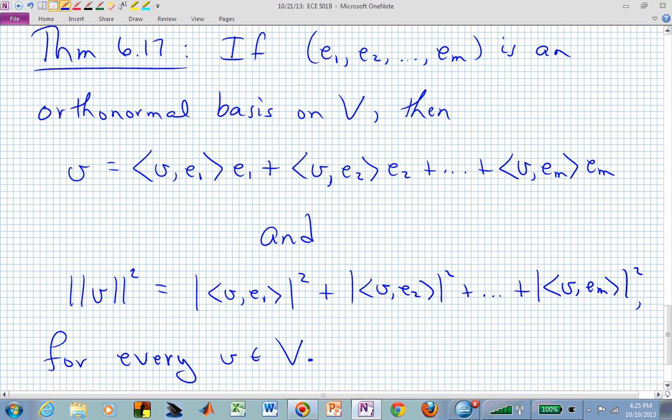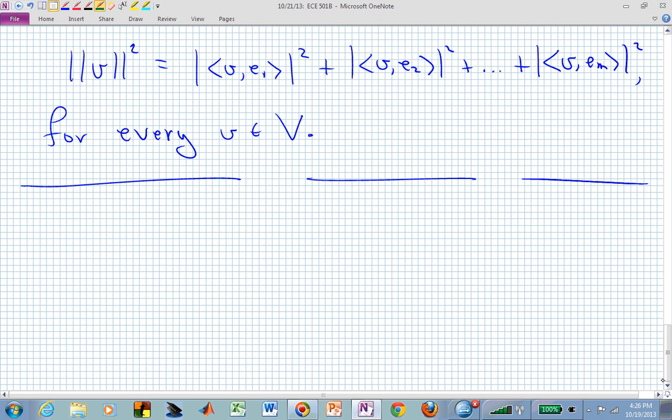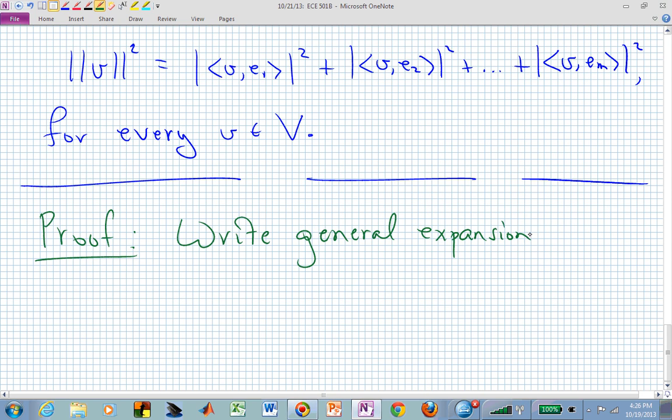That's a powerful theorem. Let's prove it so that we are comfortable accepting it and working with it. First, let's simply write in general terms an expansion of our vector little v.